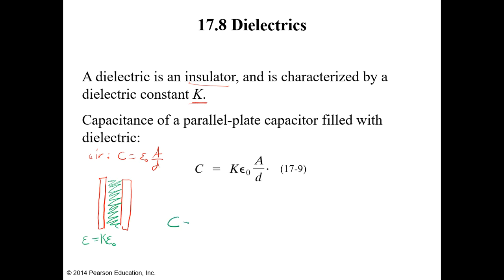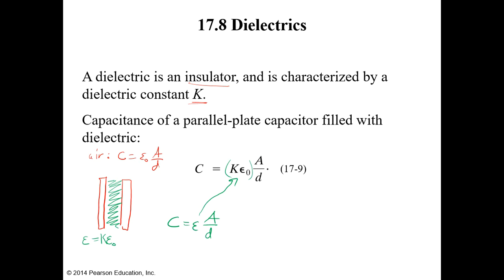So your capacitance is epsilon times area over D, but epsilon is just K times epsilon naught, and so you end up getting this equation that we have showing on the screen right here.